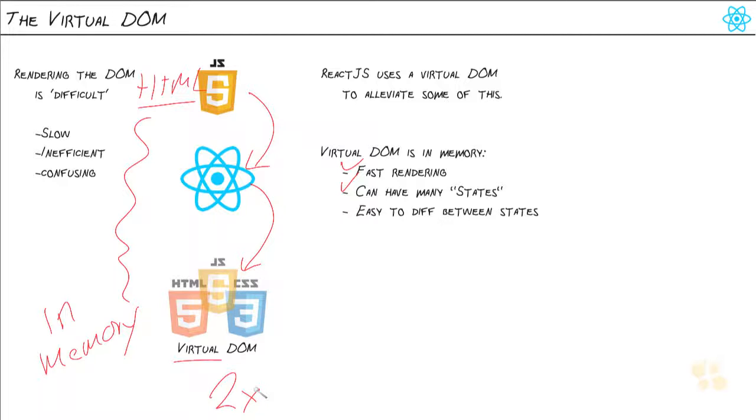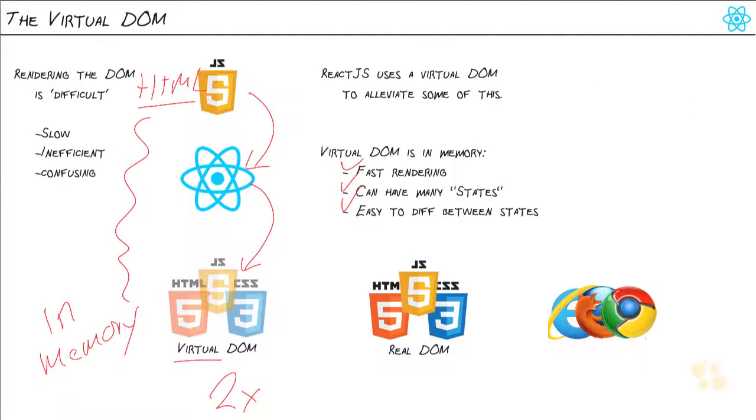The reason it does that is because it doesn't have to rewrite the entire virtual DOM down into the real DOM. It performs a diff between those two DOMs. Maybe only one tiny little itty bitty thing has changed, and if that's the case, it creates a new real DOM, but it only updates that teeny little bit. It's very, very quick now because it doesn't have to re-render the entire DOM. It's only re-rendering that little bit that has changed.